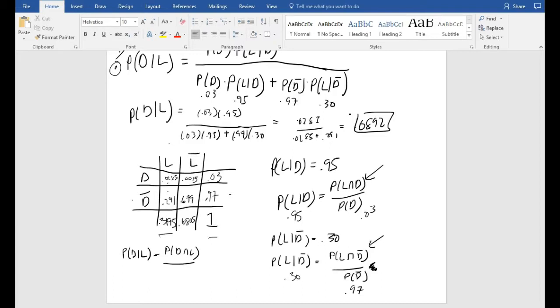We look here, the probability of L is 0.3195, the marginal probability. The probability of D and L is 0.0285. So 0.0285 divided by 0.3195 is 0.0892. So that's A.